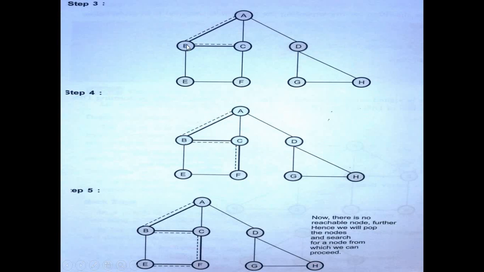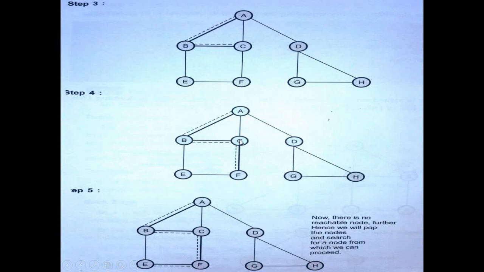From B we have two adjacent vertices, C and E. From both we have to select only one vertex, which is C. You can also select E, but here we have selected C. So our visited vertices are A, B, C.